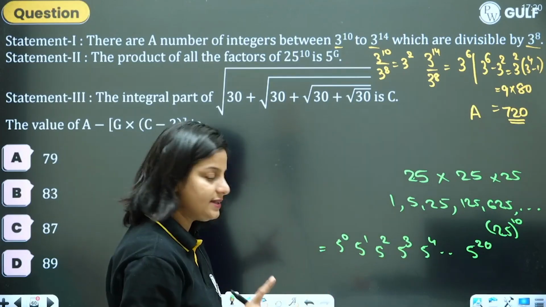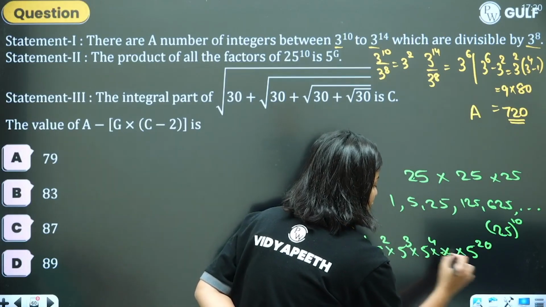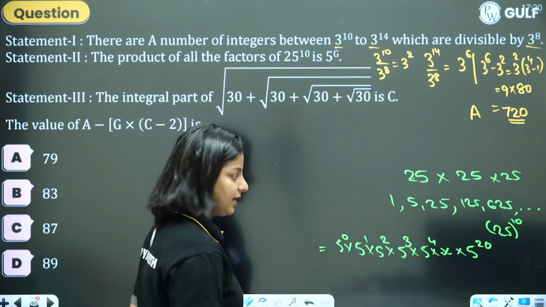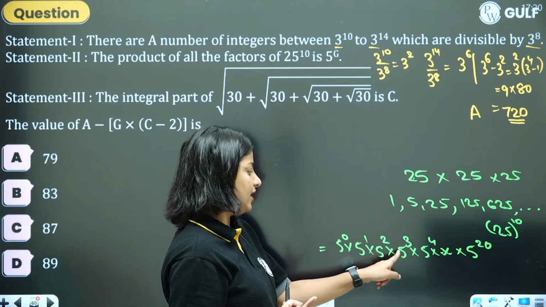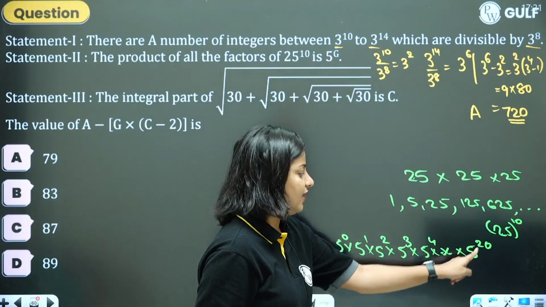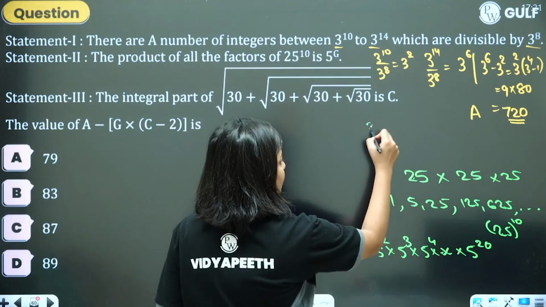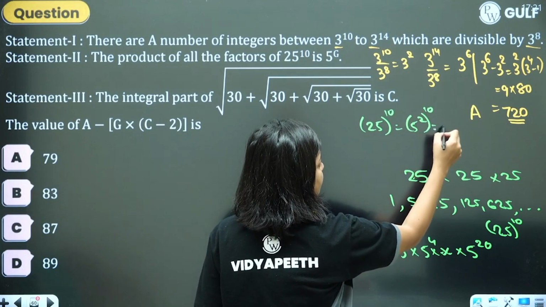The question is to multiply all the factors. These are all the factors which we will multiply. 1 is also a factor, 5 is also a factor, 25 is also a factor, 125 is also a factor, 625 is also a factor and so on till 5 raised to 20, because 25 raised to 10 is 5 square raised to 10, that is 5 raised to 20.